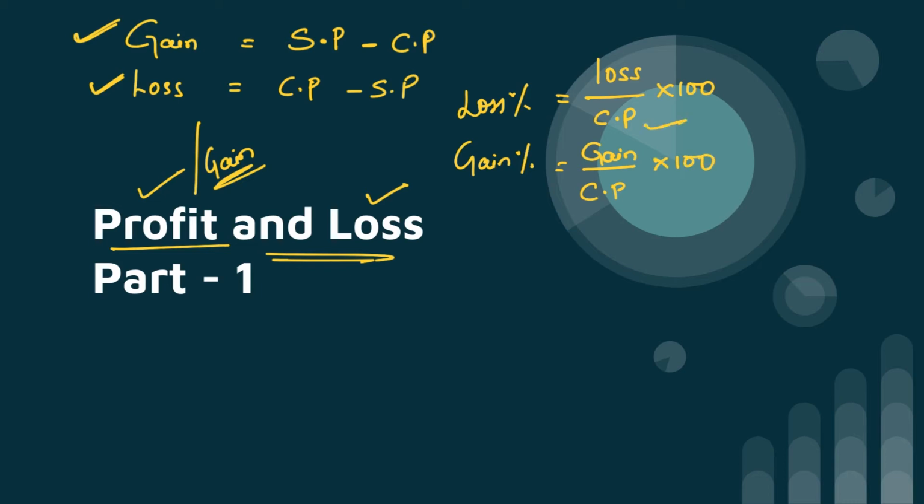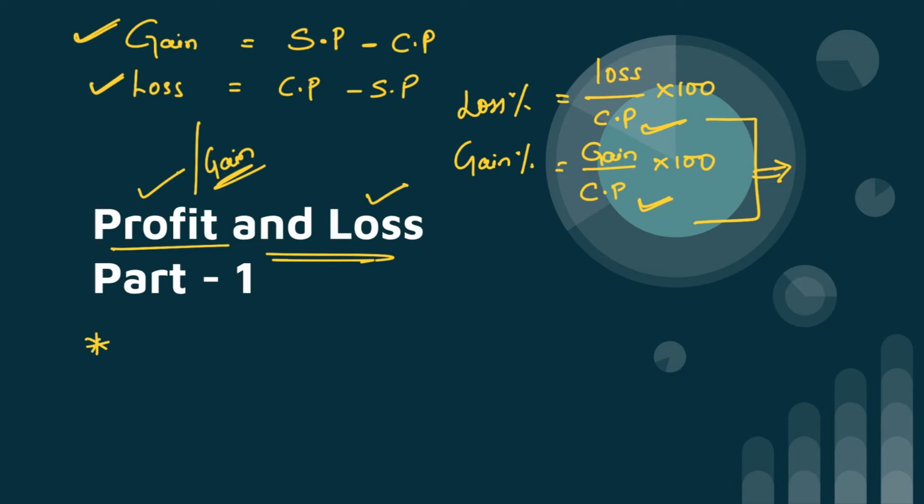You can observe that in the denominator we always take cost price. Why? Because selling price can change whereas the cost price never changes. That's why we consider a constant cost price in the denominator.